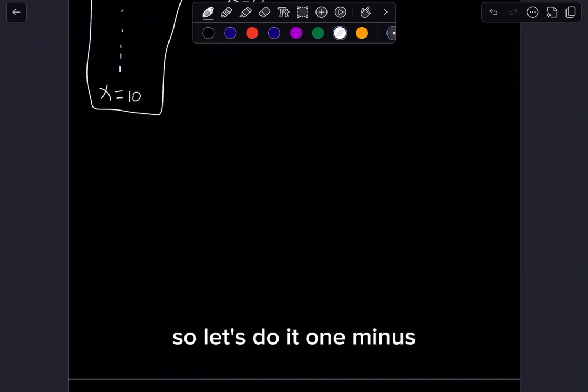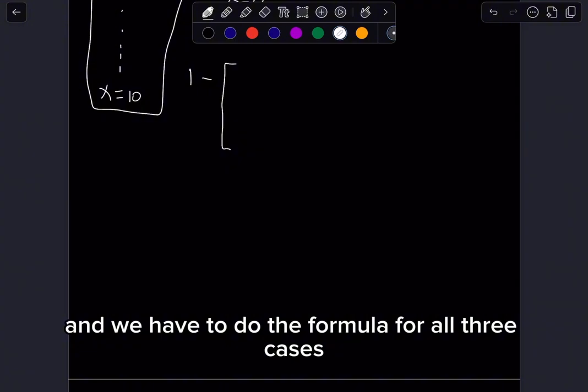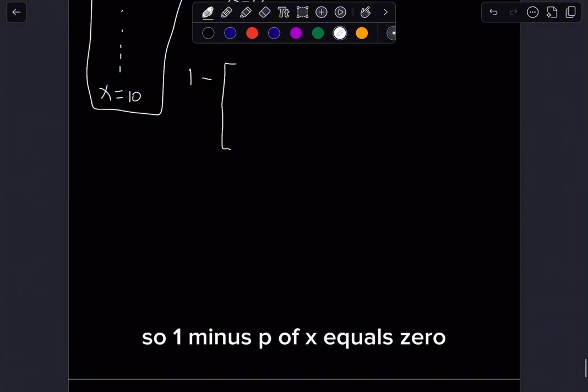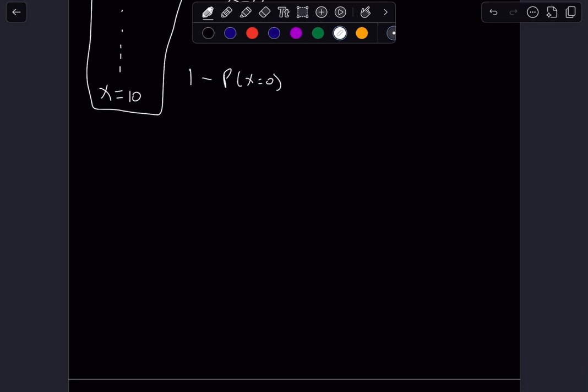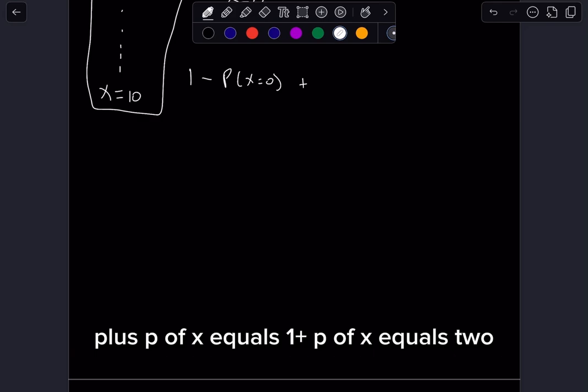So let's do it. 1 minus, and we have to do the formula for all 3 cases. So 1 minus p of x equals 0 plus p of x equals 1 plus p of x equals 2.